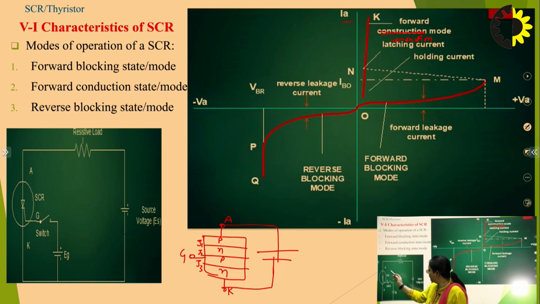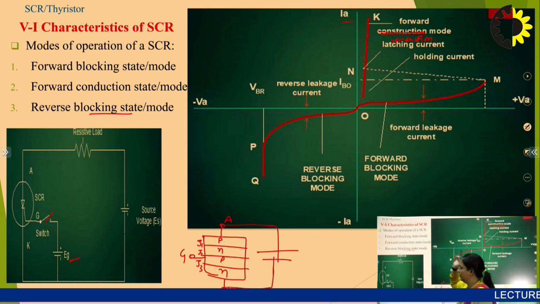Here you can see that the anode and cathode terminals of the SCR are connected with the source voltage along with the resistive load. And the gate terminal and the cathode terminal of the SCR are provided with another external supply called EG. Now, with the gate circuit open, with no supply to the gate to cathode terminal, I am talking about the reverse blocking state.